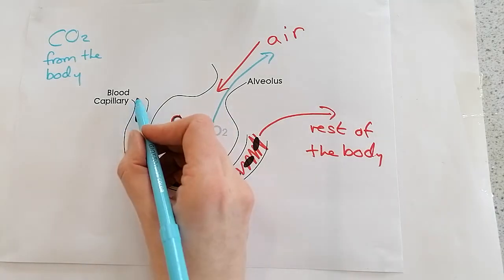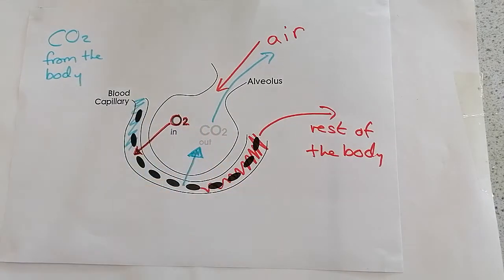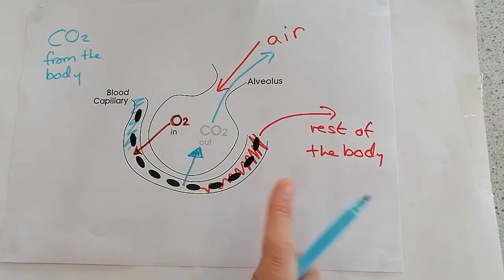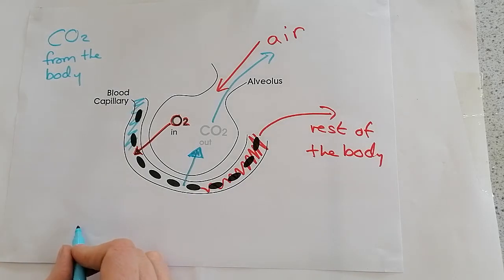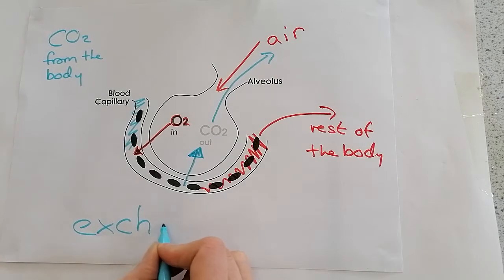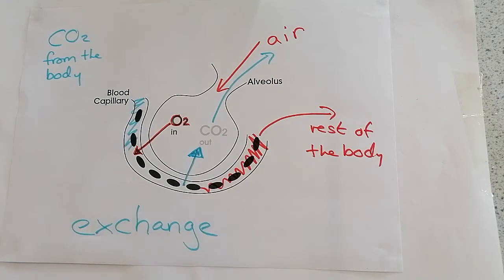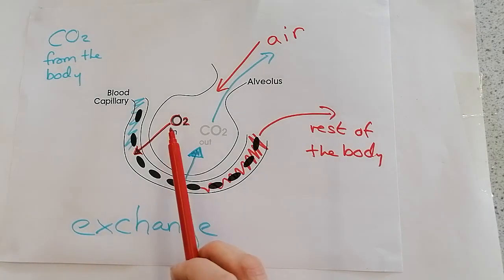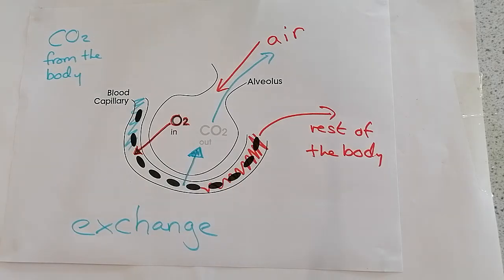Sometimes on a diagram you see a blue side, which means there's lots of carbon dioxide, and a red side, which means it's oxygen. But the most important thing is that it's an exchange process. Carbon dioxide goes one way, oxygen goes the other. Gas exchange literally means swapping of oxygen and swapping of carbon dioxide.